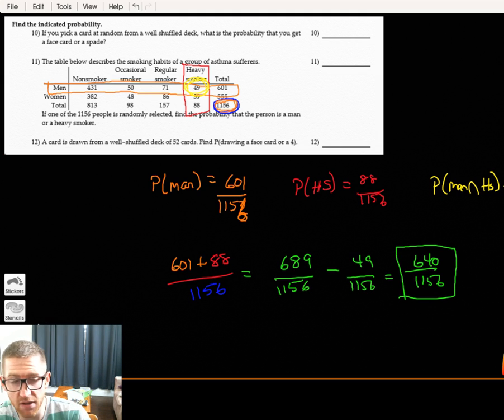Alternatively, since we have a table, we could just add up all of the numbers inside the table for a man or a heavy smoker. Inside the table really there are only these values here.